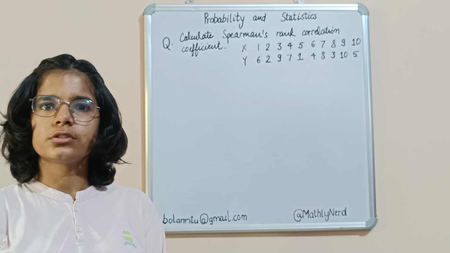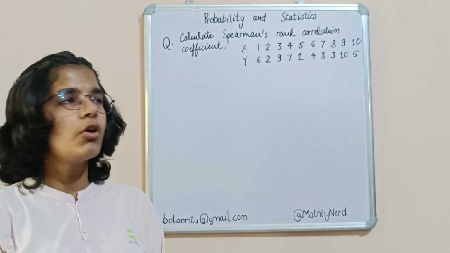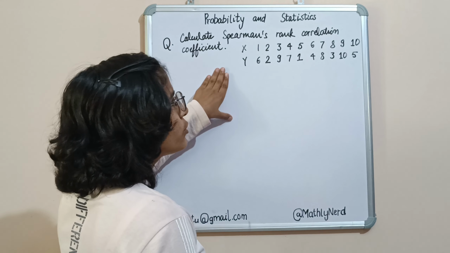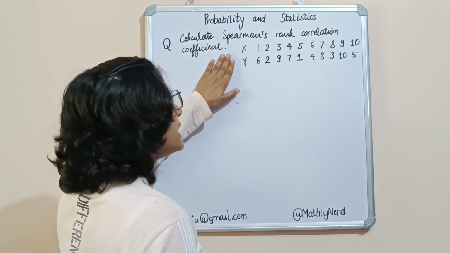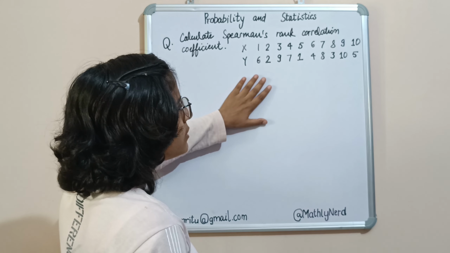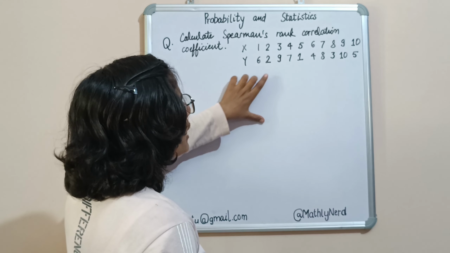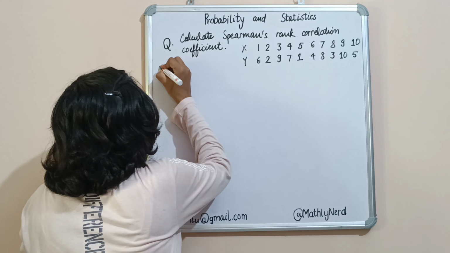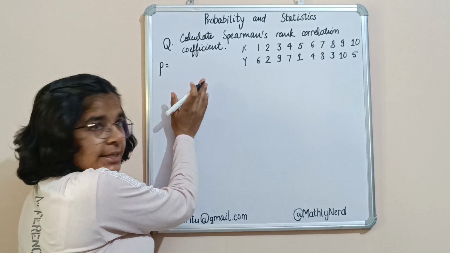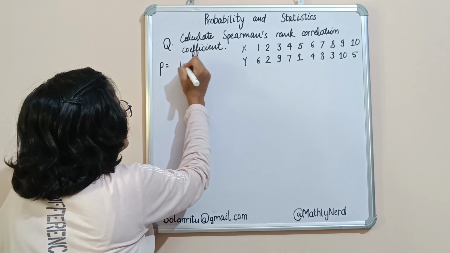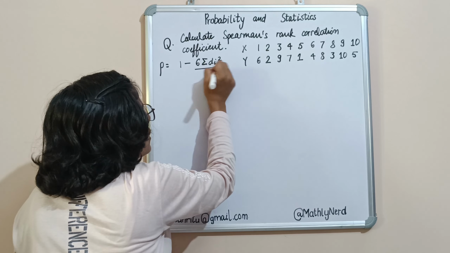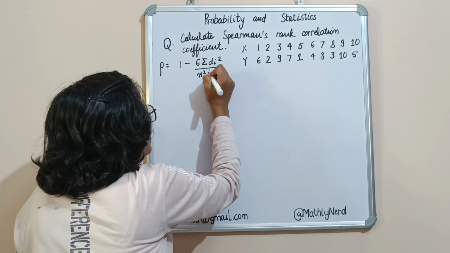We will solve some questions on Spearman's rank correlation coefficient. Our question is, we have to calculate Spearman's rank correlation coefficient for data where x has these ranks for 10 individuals and y has these ranks for those 10 individuals. Now our rho equals 1 minus 6 times summation di square by n times (n square minus 1).